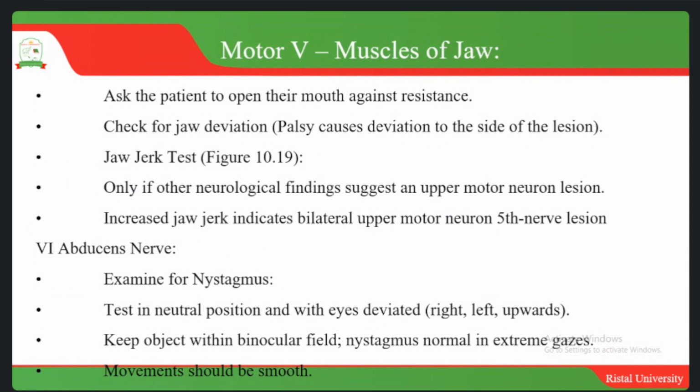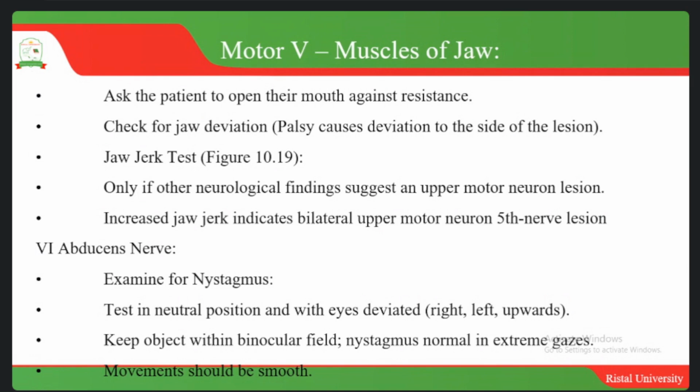Palsy is basically the failure of the jaw to open, and when you try to do it, you may end up injuring the patient's jaw.